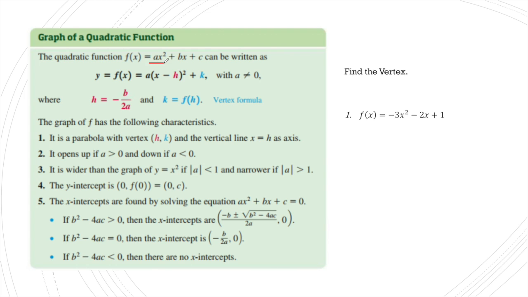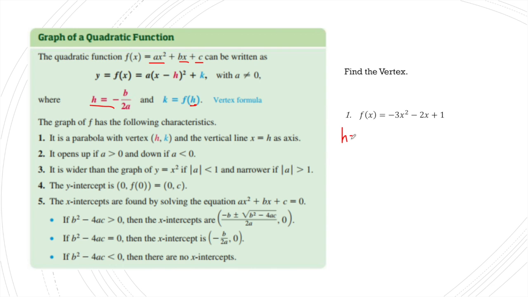So given your quadratic equation is in the form ax squared plus bx plus c, remember this is the standard form that we will find our quadratic equations in, I can find h to be -b over 2a, and I can find k by plugging h into our original function.